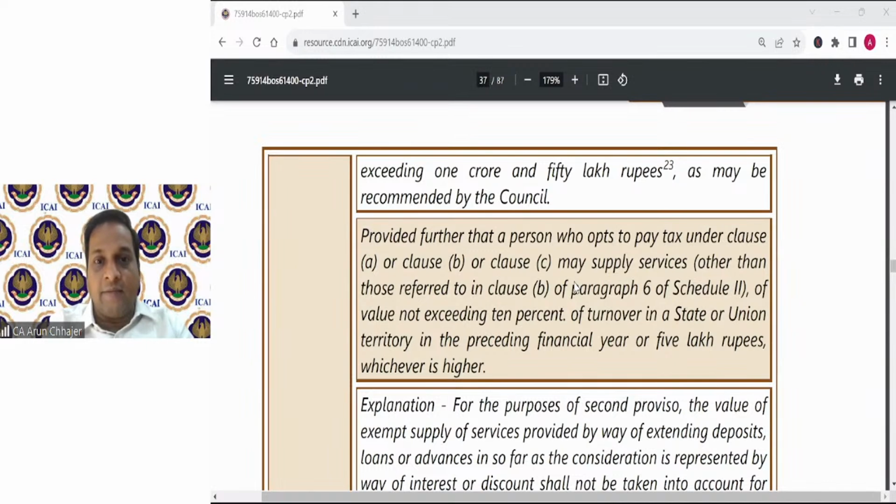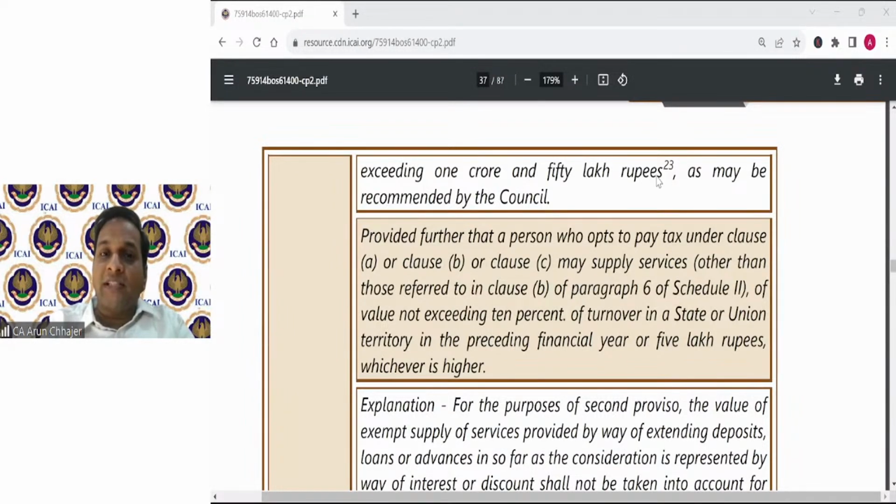It means they are saying if you are providing the supply of clause A, clause B or clause C, trader of the goods, manufacturer of the goods or the restaurant, then you can supply the service. Which service? Other than restaurant.